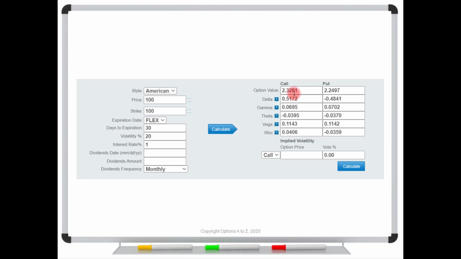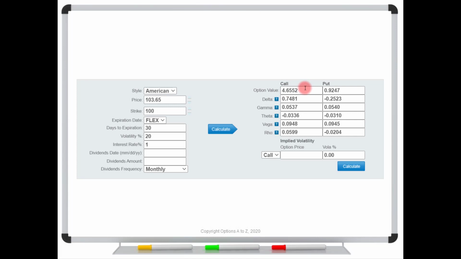So the percent to double says, by what percentage move do I need to increase this stock price so that this becomes about 4.64, maybe 4.65? Well, it turns out that's going to be about 103.65, which puts us right at 4.65. So notice that the stock would have to move 3.65% in order for the option's price to double. On one hand, it seems like a useful calculation and fairly simple to do.